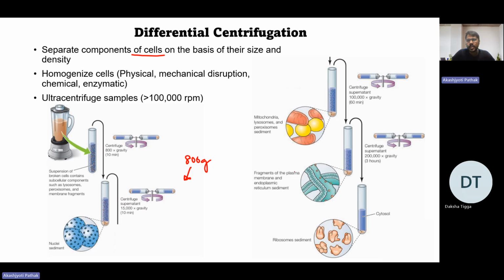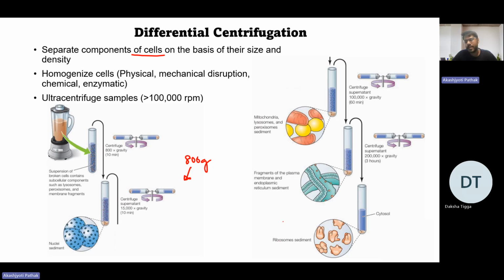It is the mitochondria, lysosome, and peroxisome. After that, a third spin at 100,000 G, or 1 lakh G, for 60 minutes results in sedimentation of the plasma membrane and the endoplasmic reticulum. And after that, a 200,000 G spin for 3 hours gives us the ribosome.